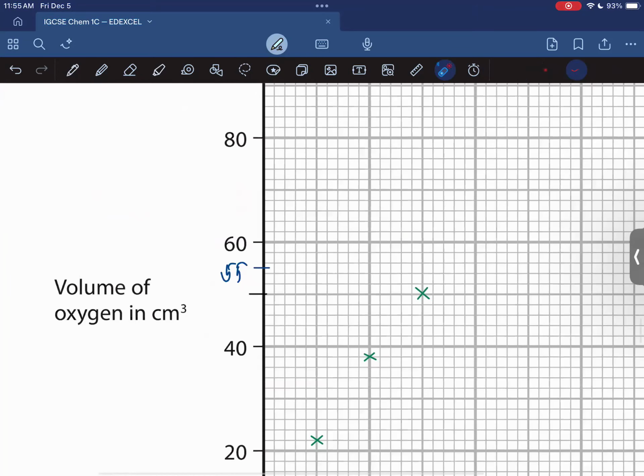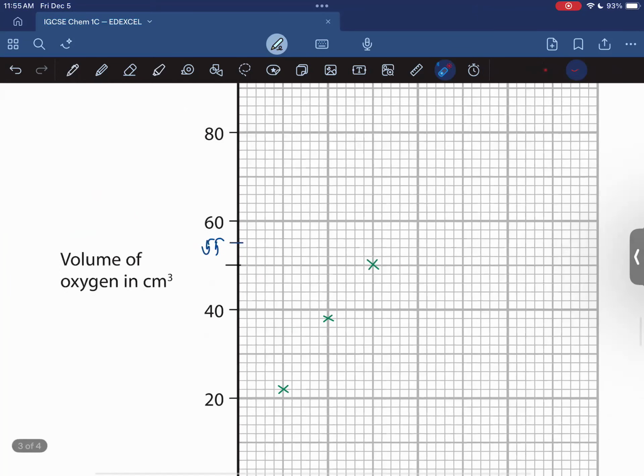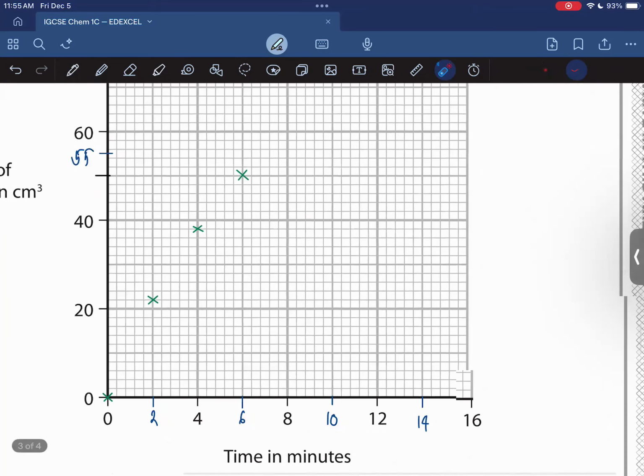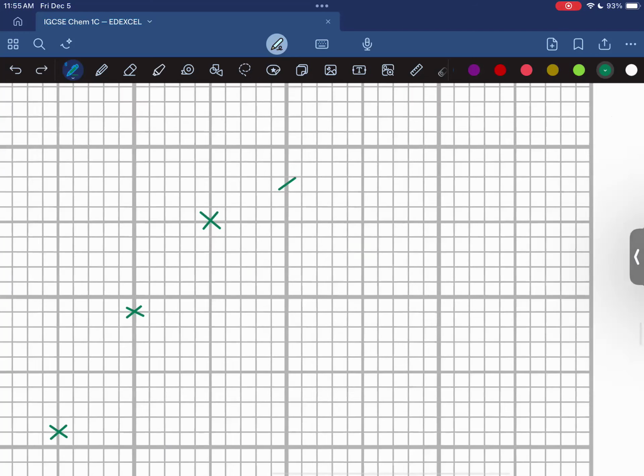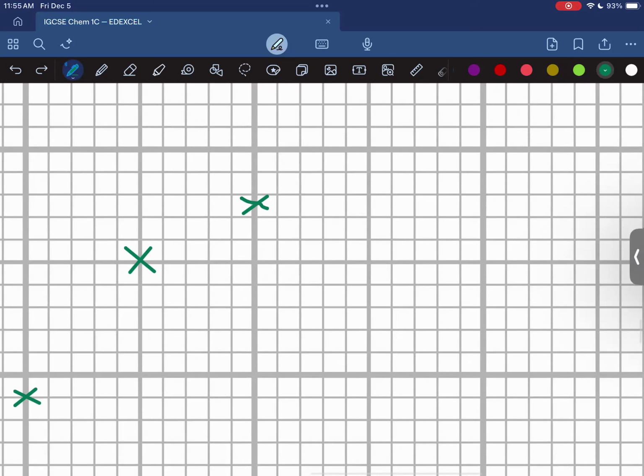So for 8, that is going to be 55, exactly in the middle. You have to be careful while plotting this, okay?